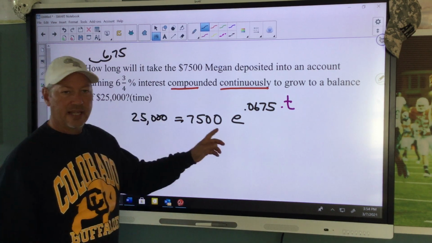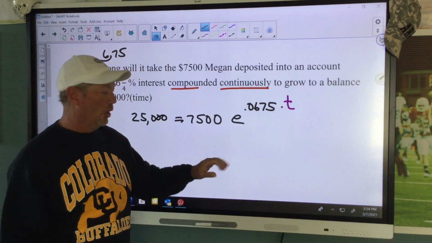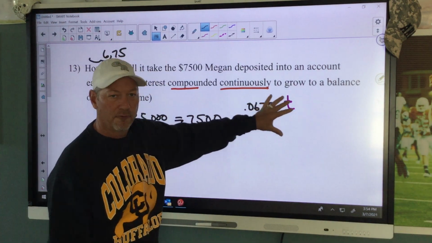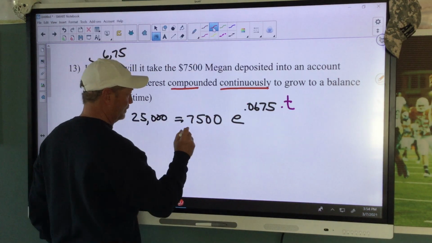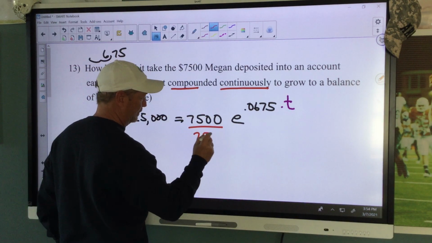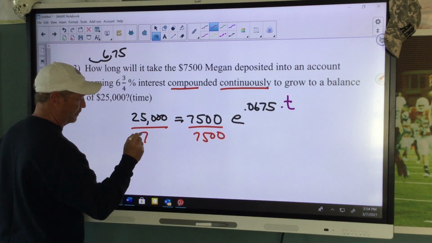Just like these exponent equations we solved earlier, we want to isolate this first. So we're going to divide by 7,500.